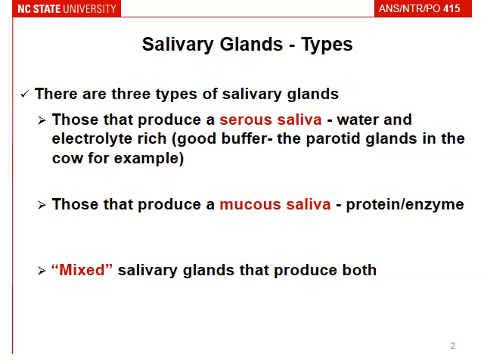So if you've heard, saliva has amylase and other enzymes involved. So this is mucus saliva. And then the third type is mixed salivary glands, and these salivary glands actually produce both the mucus and the serous saliva.